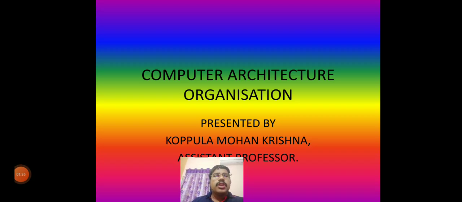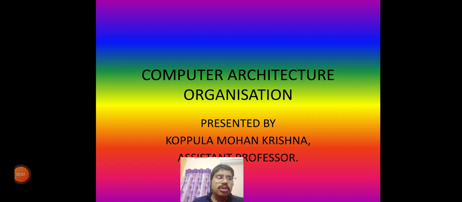So how they are going to be organized, that also we are going to learn from this subject. It is mostly about the computer and its internal components and external components, and how we are going to use those components. That means how we are going to extract our desired output by giving the input, and how we are making it work.